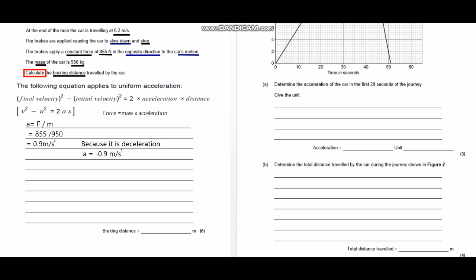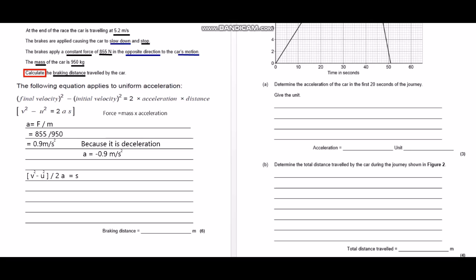So have a look at the word equation and then look at the equation underneath. The final velocity is represented by the letter v. The initial, or the start velocity, is represented by the letter u. The 2 is represented by the number 2, and acceleration, the letter a, and distance, we use the letter s. So we need to rearrange it to make s the subject.